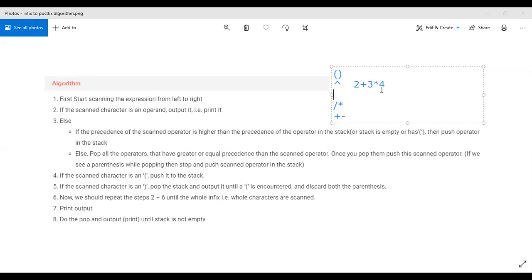So what will I get? 2 plus 3, 4 star. Or I can do 2, 3 plus, 4.